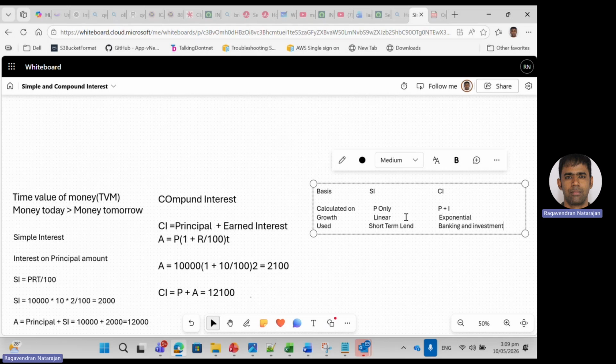So this kind of table will be very useful. Before you go for the examination, you can refer to this table for what is simple interest and what is compound interest. Like that, you can put in many other concepts too, which will be handy before the examination.